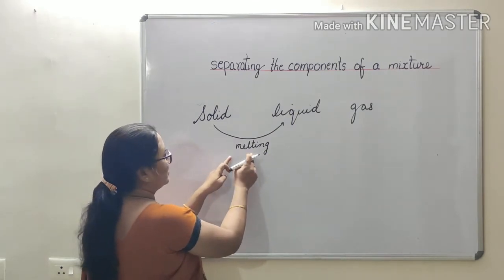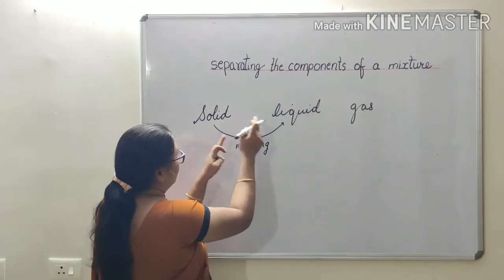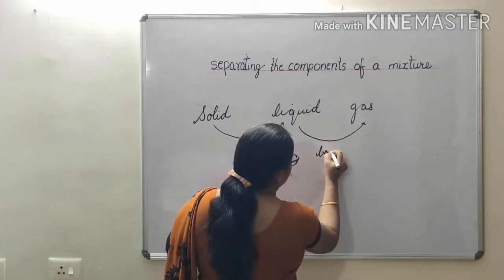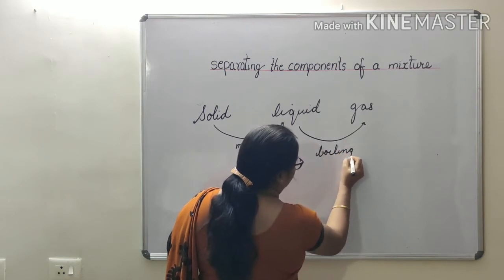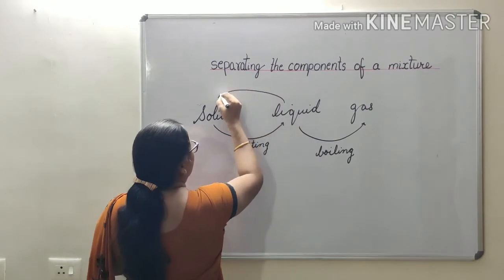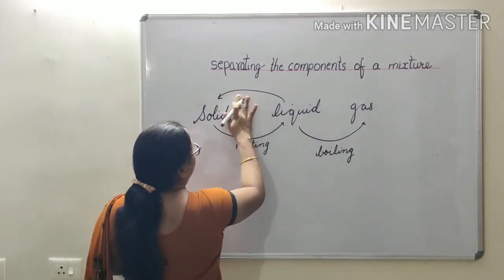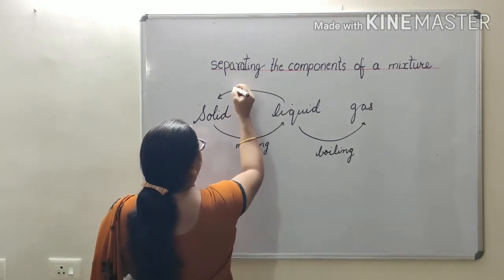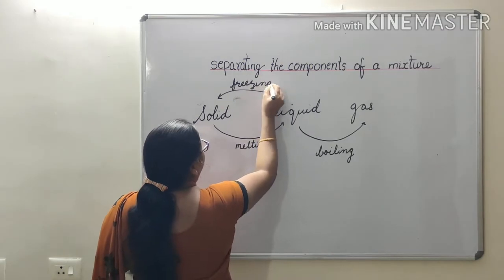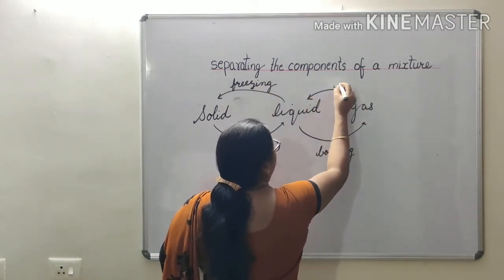By melting the solid object, we can change the state of solid to liquid. From liquid to gas is boiling. Similarly, vice versa, from liquid to solid is called freezing. And from gas to liquid is called condensation.